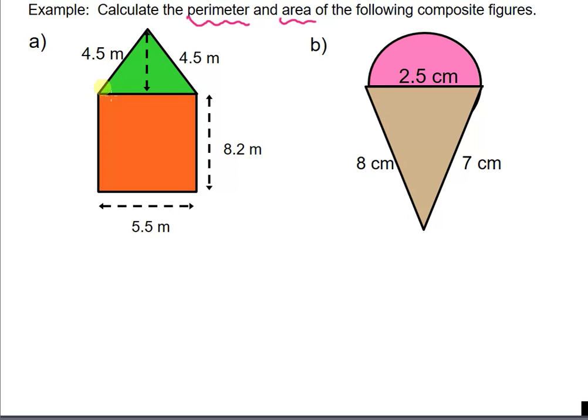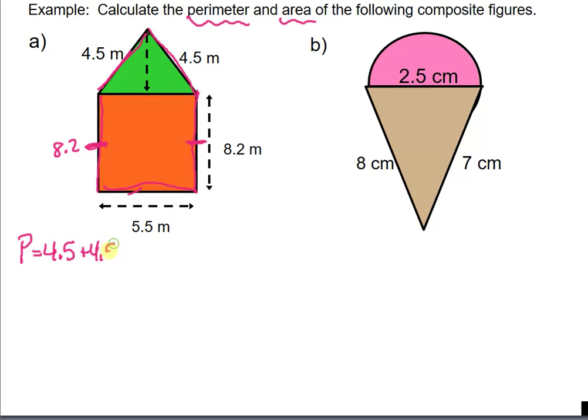First, perimeter. So for this shape, the triangle and the rectangle together, it's quite easy. So we're going to add 4.5, 4.5, 8.2, 5.5, and 8.2. Okay, this is a rectangle right here, so this side and this side are going to have the same measurement.